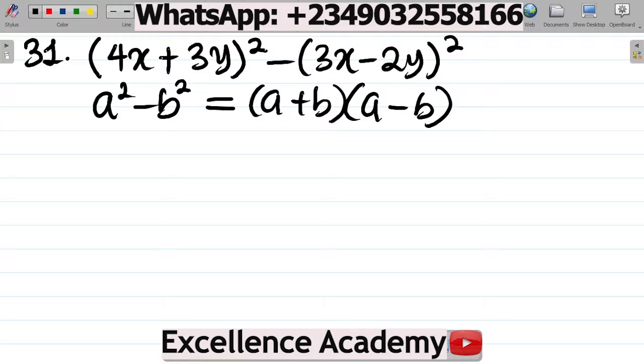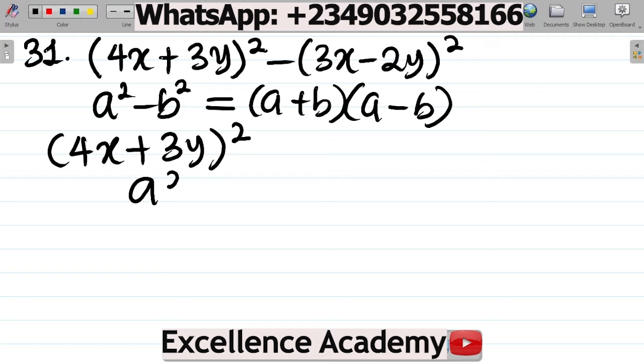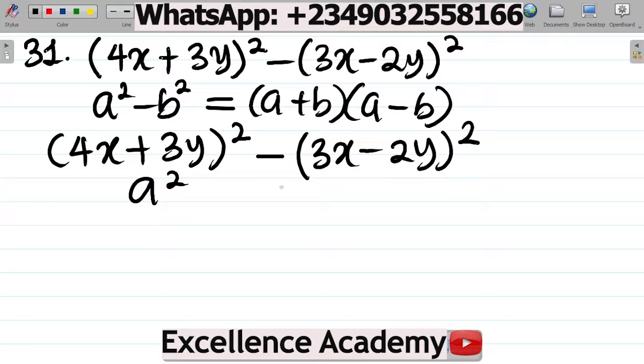So here, (4x plus 3y) all squared becomes a squared, minus (3x minus 2y) all squared, which becomes b squared.